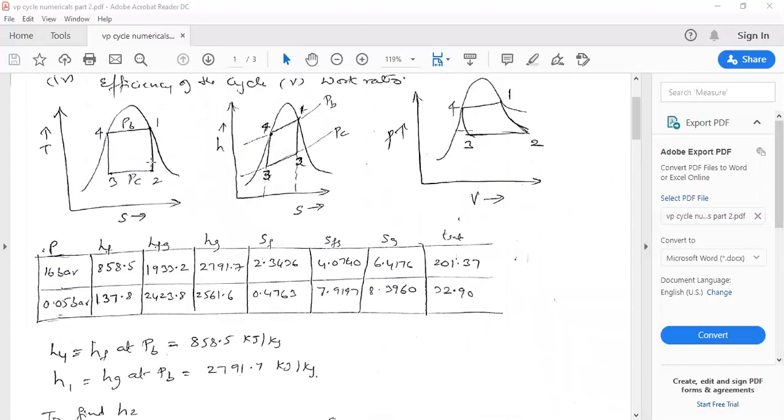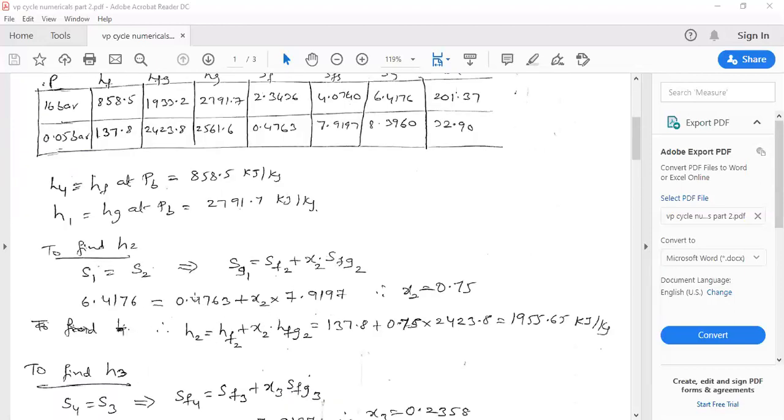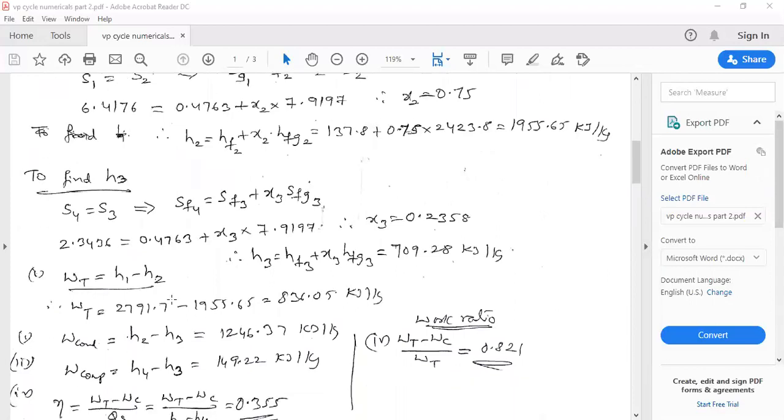What is SF3? Point 3 lies on the condenser pressure. SF3 means it is on the saturated liquid line. Go to condenser pressure, and here the SF value is 0.4763. So it is 0.4763 plus X3 into SFG3.